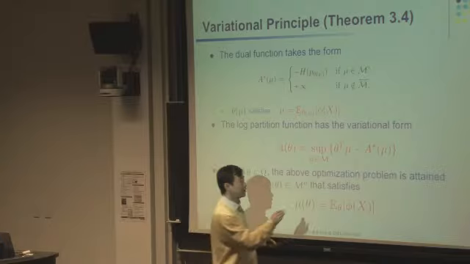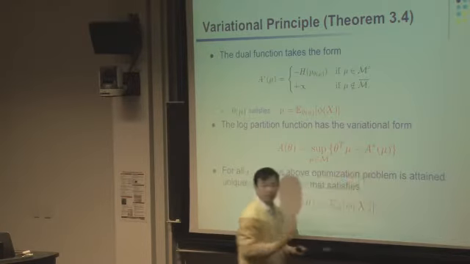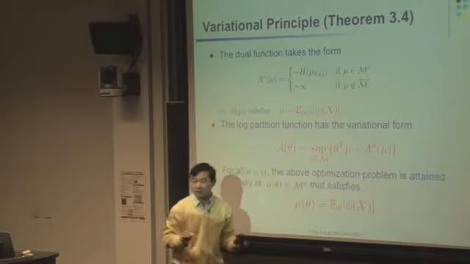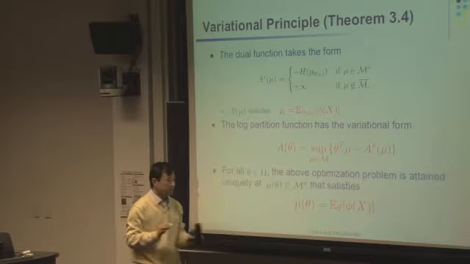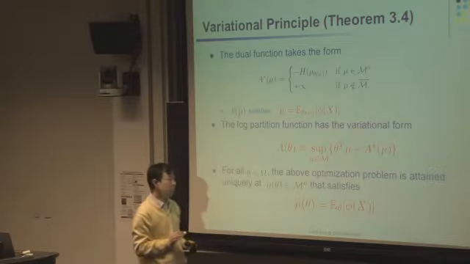And I wish I could write here, but this one you cannot do, and that one you cannot do. Therefore, this symbolically very clean optimization problem is actually quite hard for an arbitrary graphical model.